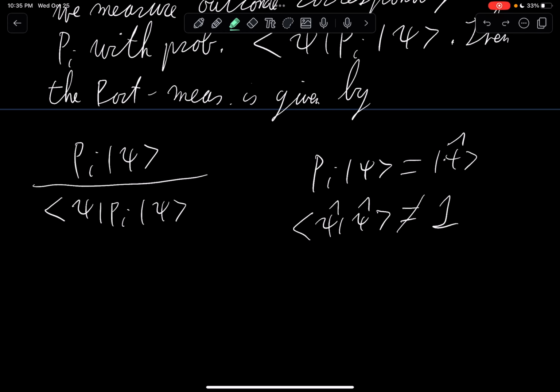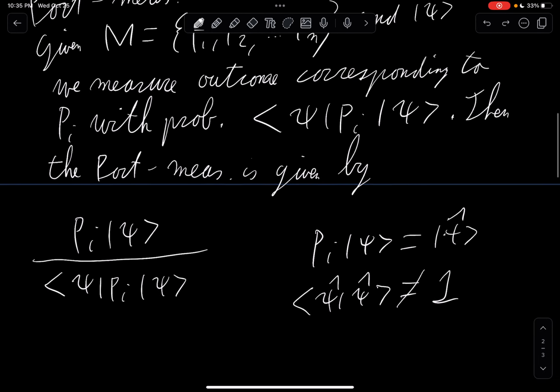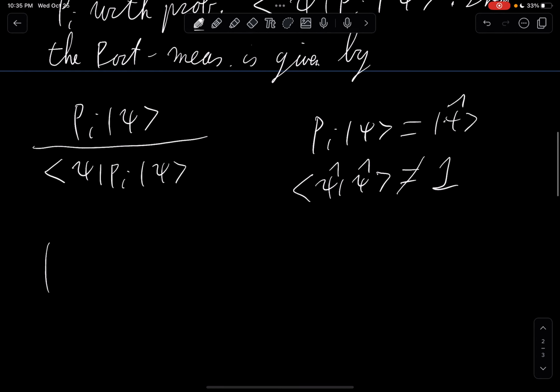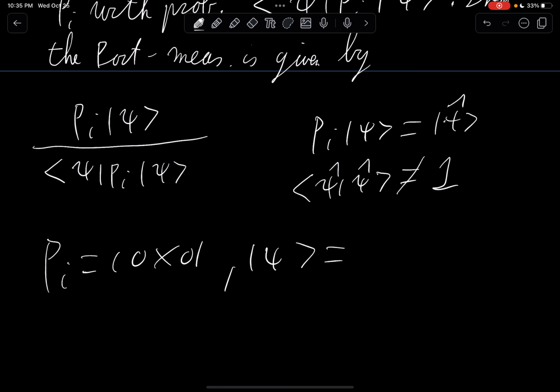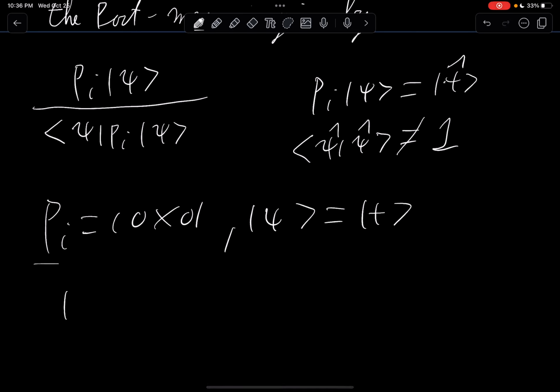Let's try to see if this makes sense. Let's go to a familiar example. Let's say we take pi equals this guy, and let's say that psi is the plus state. Well, we know already what's going to happen. If we measure and we see this outcome here, the post-measurement state should be the 0 state. Okay, let's double check.